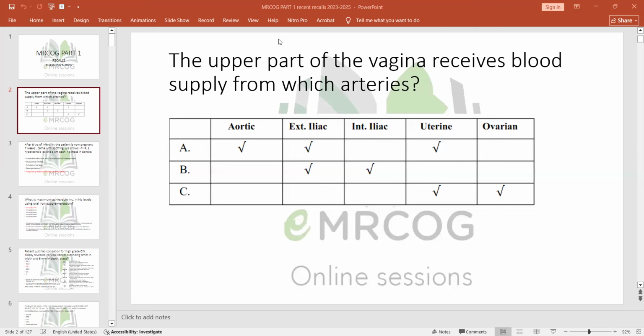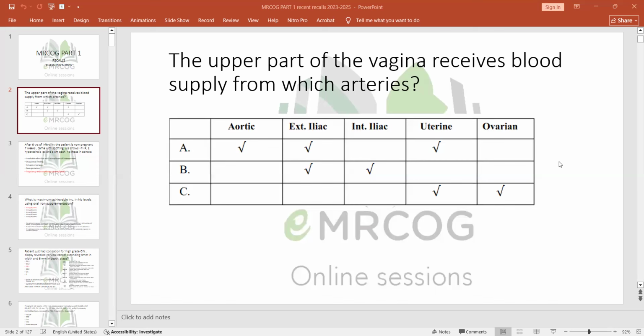Okay, got some answers. Yes, exactly, the uterine, and there is no vaginal artery in the options. Of course, it's the uterine and ovarian artery.